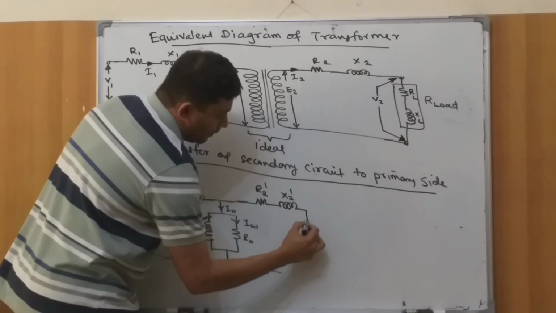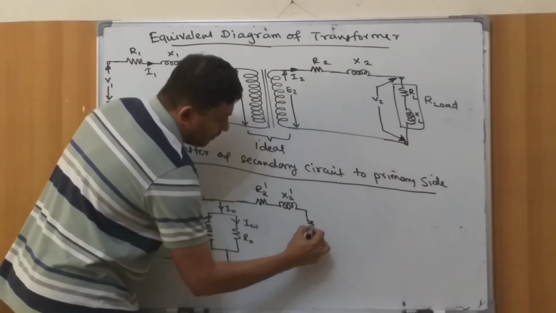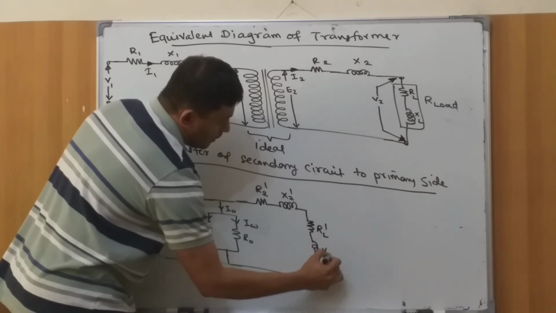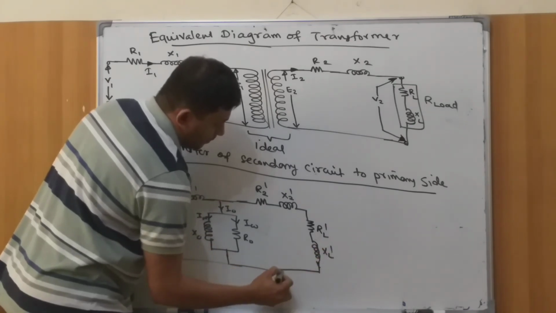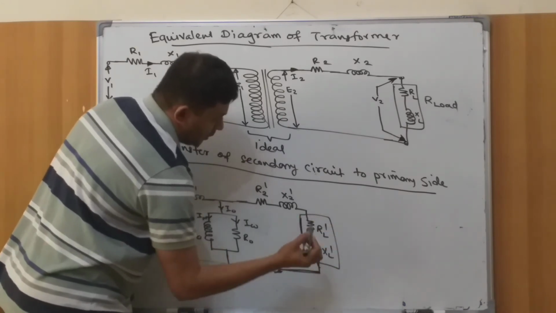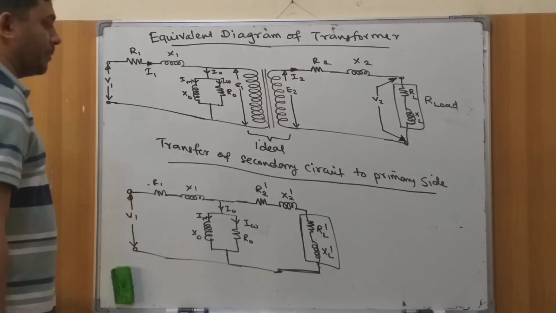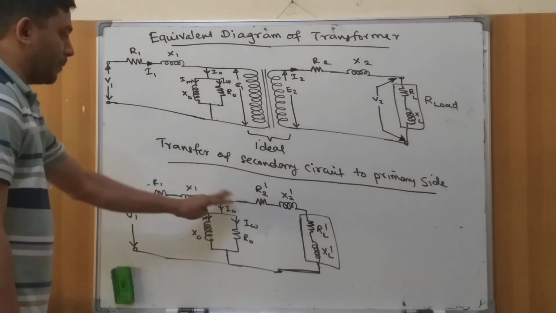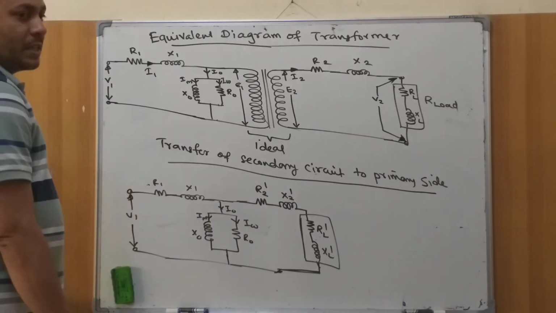Then I'm going to say here RL dash and XL dash. This is going to be our transferred load. So our equivalent circuit will be something like this, with the primary and secondary circuits all transferred.